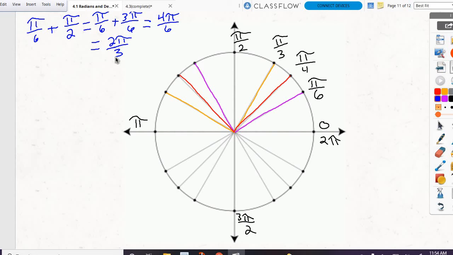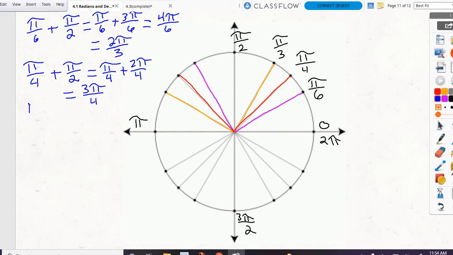Now, on our second one, what do we want to add to pi over 4 to find my second angle? Pi over 2. So what's my common denominator? 4. So I have to multiply by 2. Same thing. So what do we get? 3 pi over 4, which cannot be reduced.